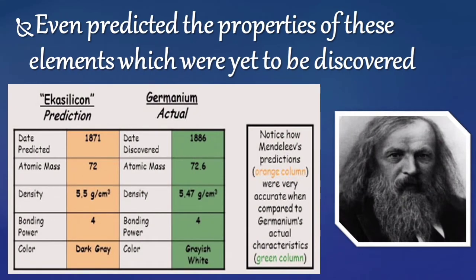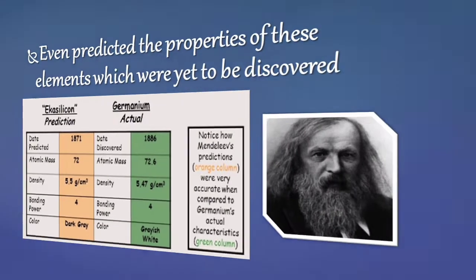Compare the properties of the element germanium predicted by Mendeleev and the actual properties of the element. Surprisingly, the properties of germanium predicted by Mendeleev matched accurately with the actual element's characteristics. This provided a convincing proof for both the correctness and usefulness of Mendeleev's periodic table.